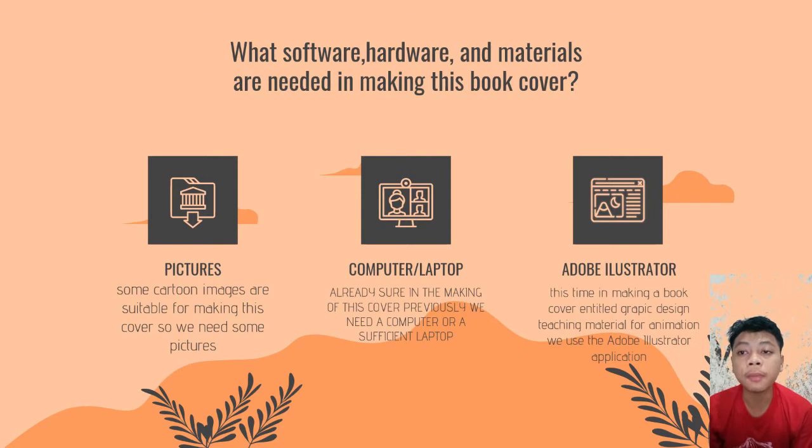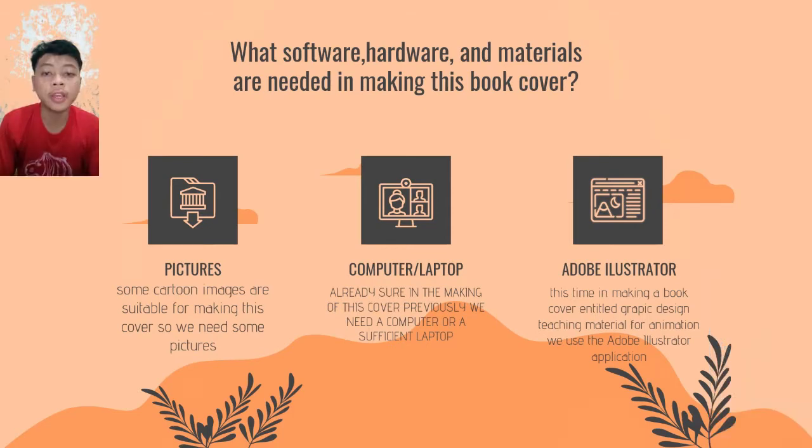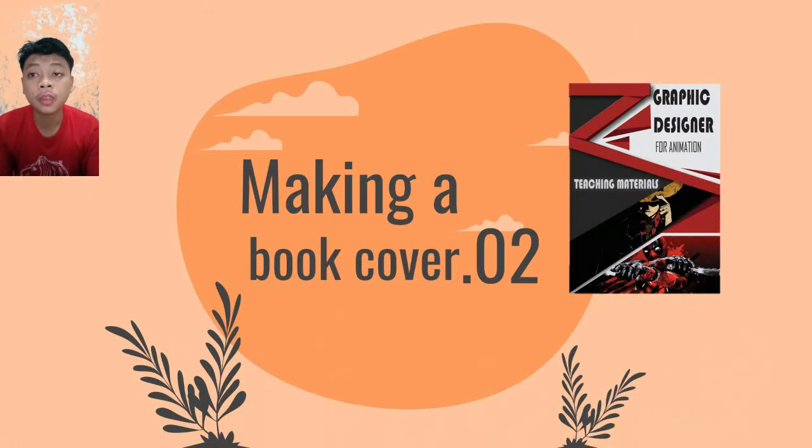Of course, in making this cover we need a computer or a sufficient laptop. Third, Adobe Illustrator. This time in making a book cover entitled Graphic Design Teaching Material for Animation, we use the Adobe Illustrator application. Okay guys, in the next slide, tips for making an interesting book cover.